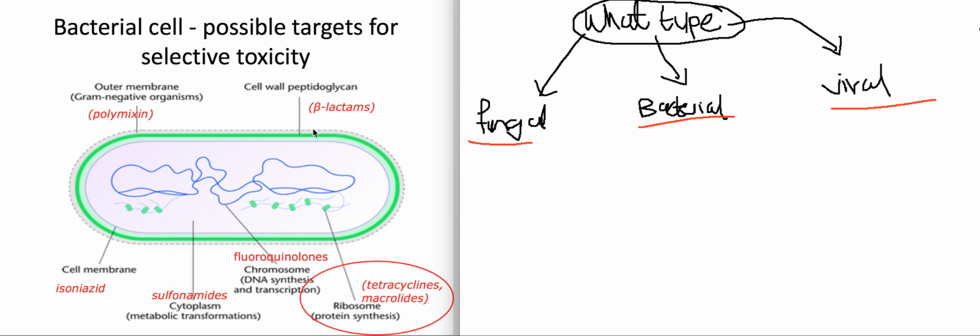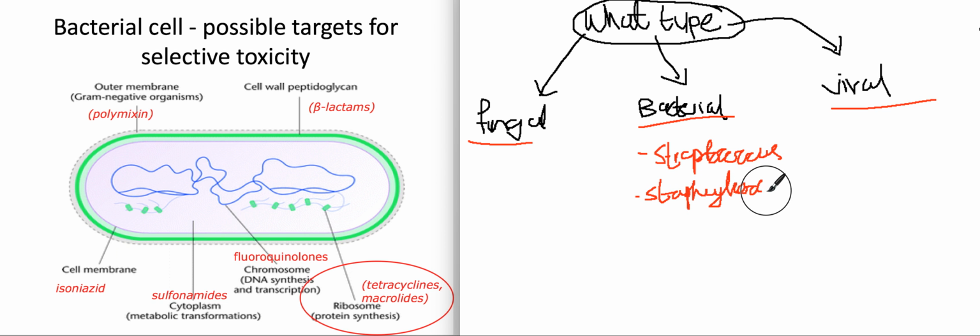Beta-lactams are effective against certain types of bacteria like Streptococcus, Staphylococci, pneumonia-causing bacteria, Neisseria, and various others. There are loads of classes of different bacteria, viruses and fungal infections.